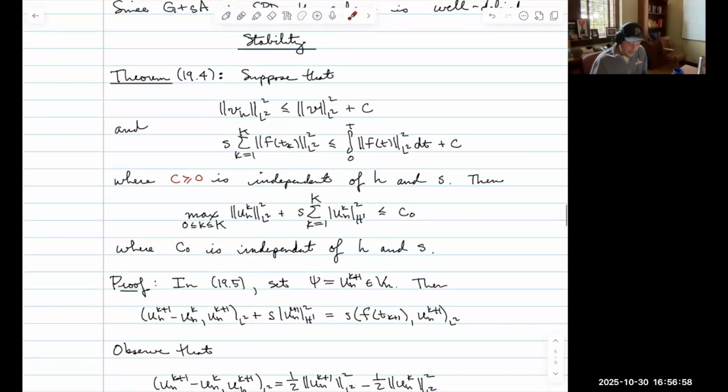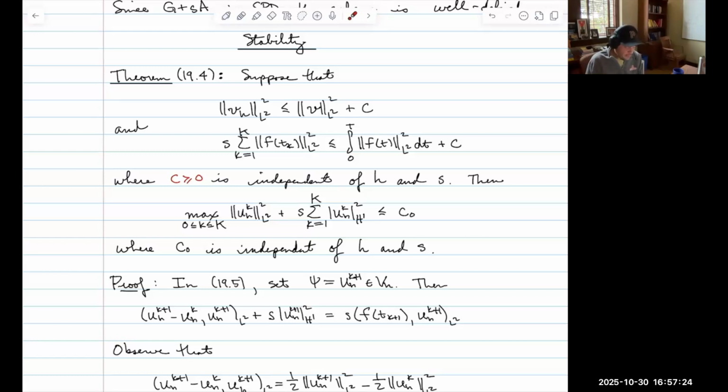All right, then I can prove that the max of this guy, from now, I'm not going to take the max over all times because I don't have all times characterized. All I have are time snapshots, K equals 0 all the way up to K equals capital K. But I can still take the maximum of those objects in the L2 norm squared.